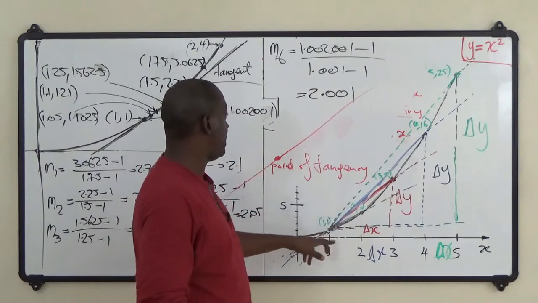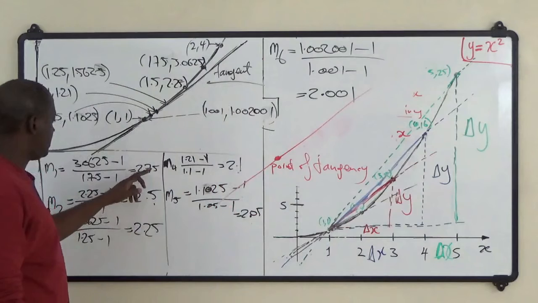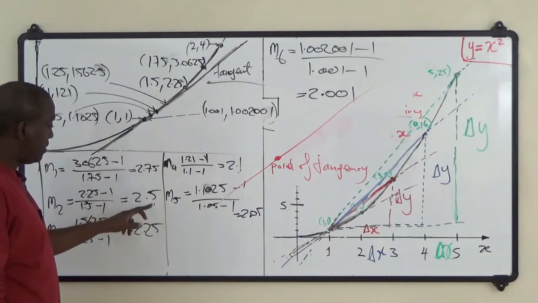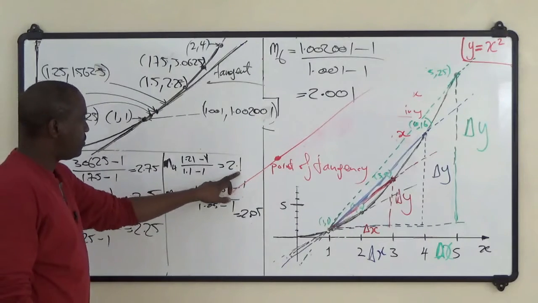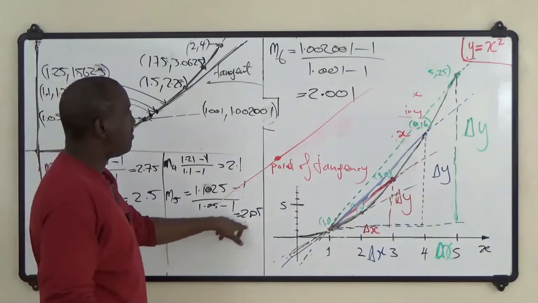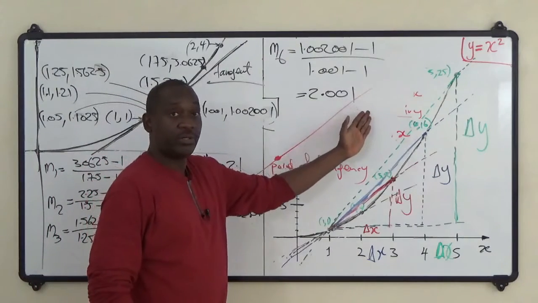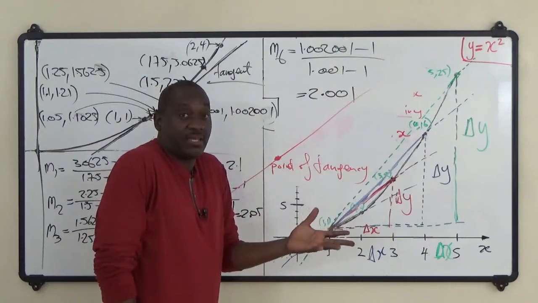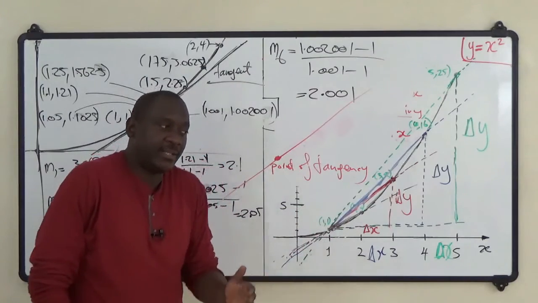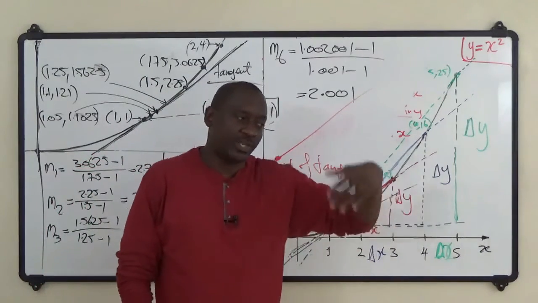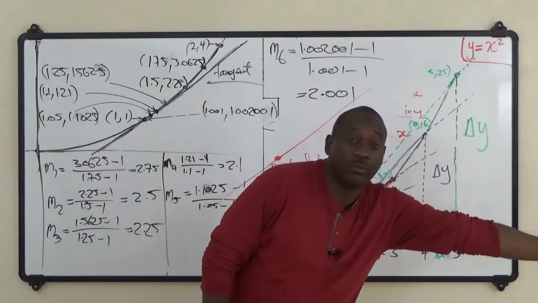And then we move from gradient 3 to gradient 2.75, gradient 2.5, gradient 2.25, gradient 2.1, gradient 2.05, gradient 2.001. It appears that it's heading towards 2. It's getting progressively closer to 2 without actually reaching 2.